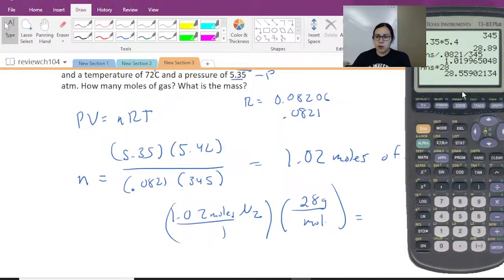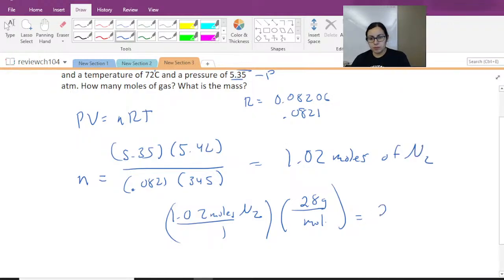And so I get like 28.6 grams roughly. Excellent. Questions on this one? Remember, ask questions if you need, otherwise we'll just keep moving along.